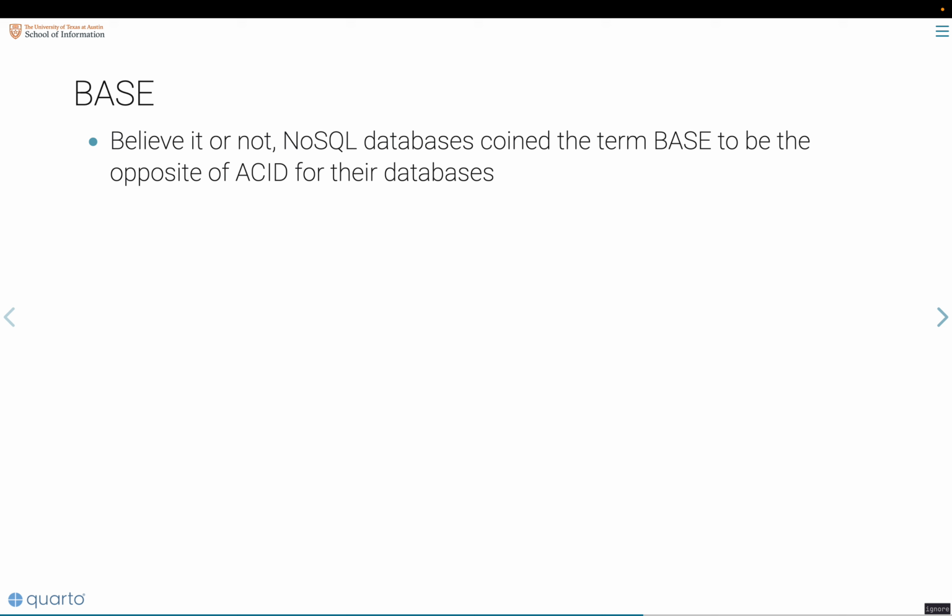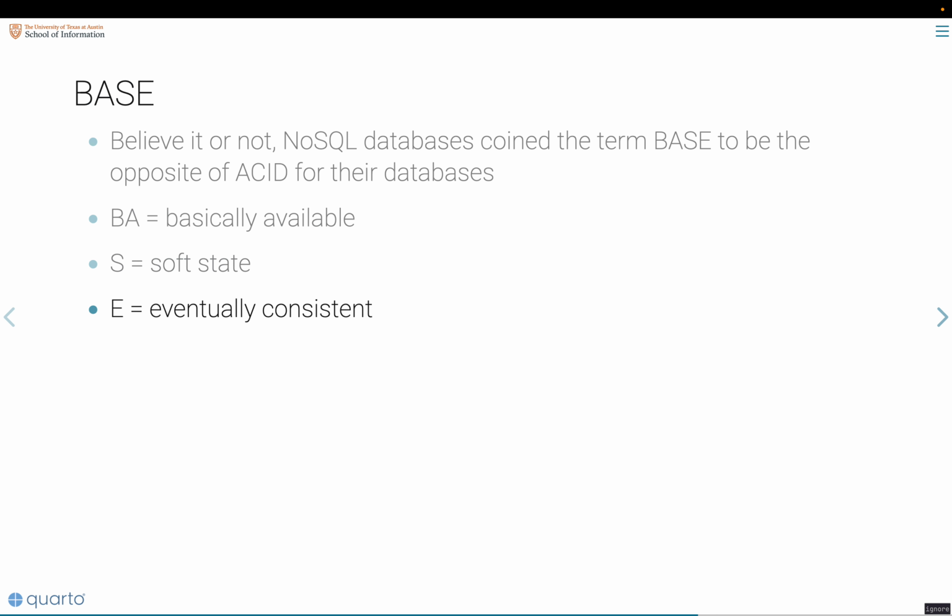Now, believe it or not, the people who designed NoSQL databases coined a term BASE to be the opposite of ACID. It's the chemical opposite. So that was why they chose that word. Questionable choice. BASE means basically available, soft state, and eventually consistent. And the idea of BASE is that the system should be always available.